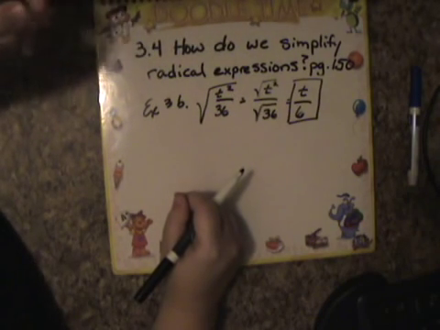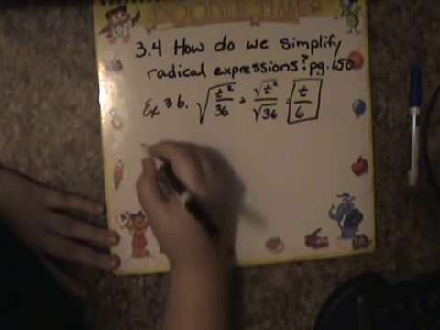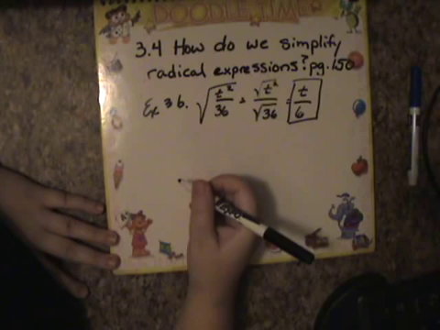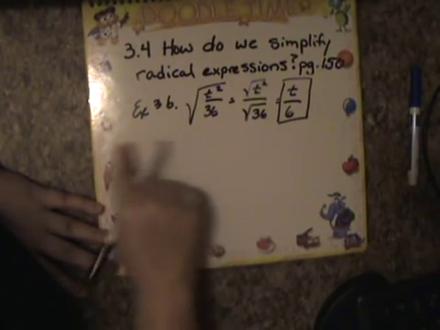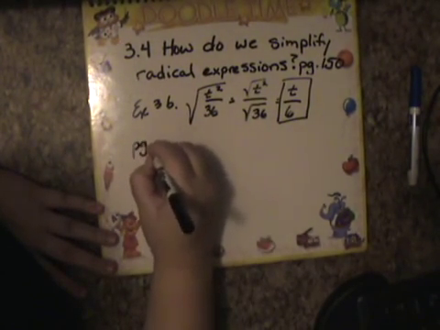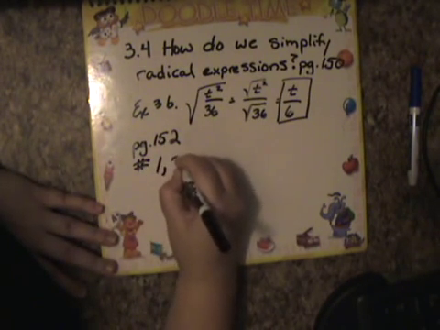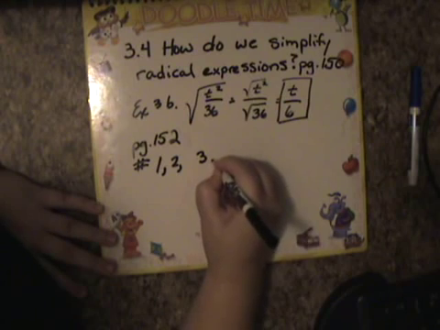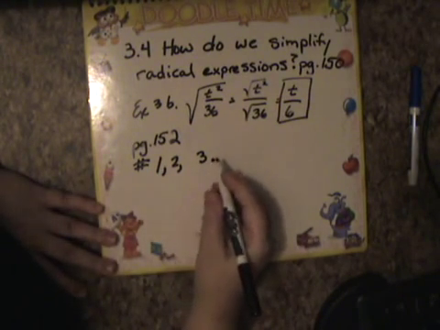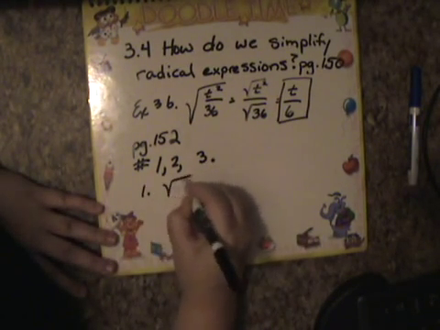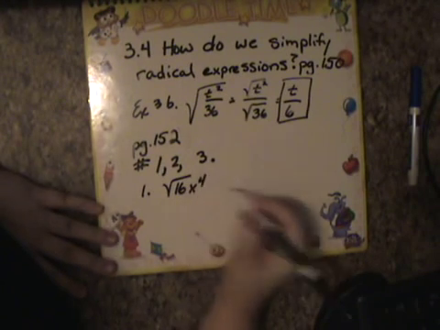Now it is time for you guys to do some math too. I want you guys to try page 152, numbers 1, 2, and 3. Number 1 is the square root of 16x to the 4th.